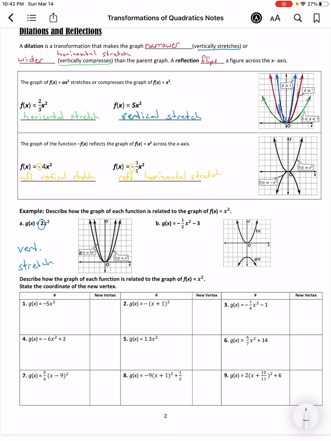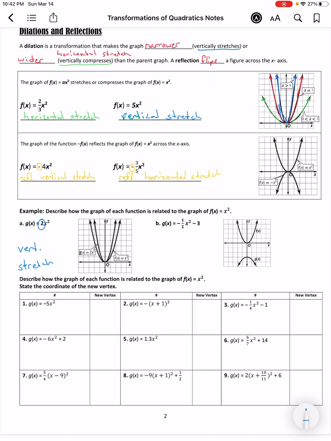And if you notice, on a vertical stretch alone, the graph does not change vertex. The vertex remains the same. And even on a reflection, the vertex does not change. So if we only have a vertical stretch or a horizontal stretch, or only a stretch and a reflection, it does not change the location of our vertex.